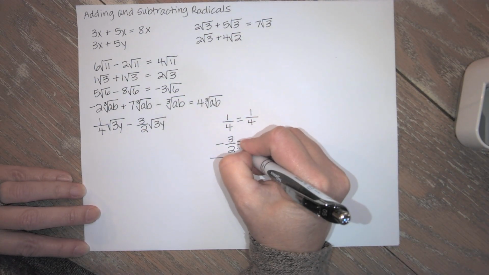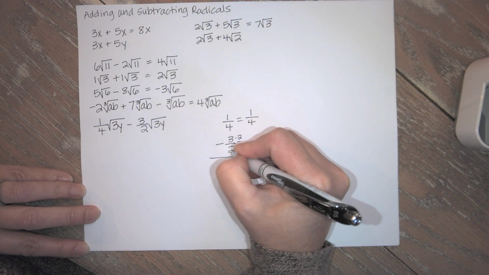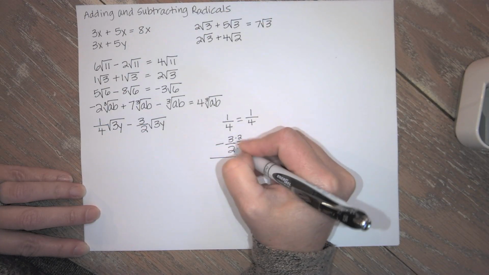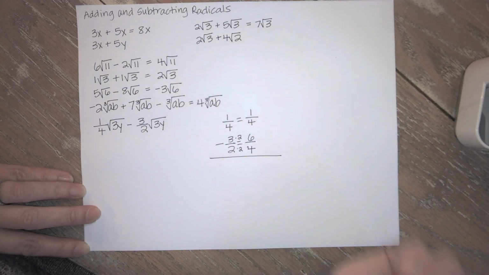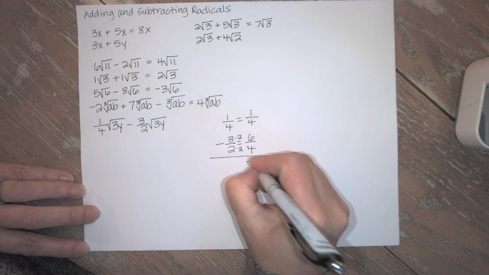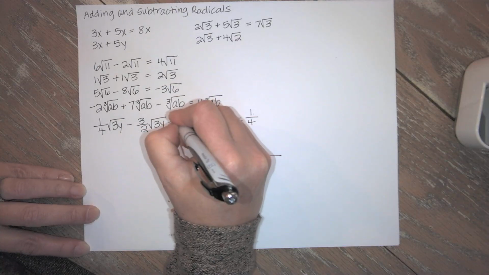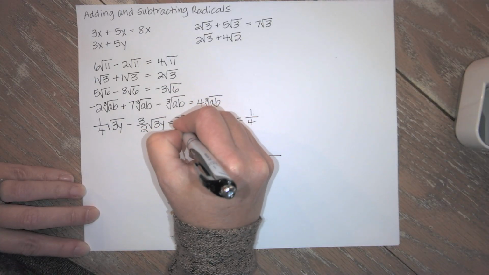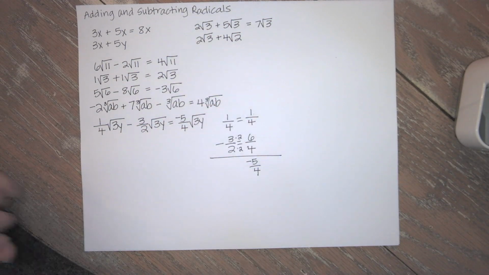Here, I'm going to multiply the top and bottom by 2 because that's what I would have had to multiply 2 by to get 4. So whatever you do to the bottom of the fraction, you have to do the same thing to the top. So we end up with 1/4 minus 6/4, and that's going to be negative 5/4. So I'm going to come back over here to my problem, and my final answer is going to be negative 5/4 square root of 3y.